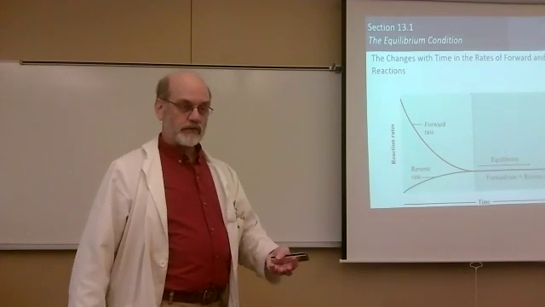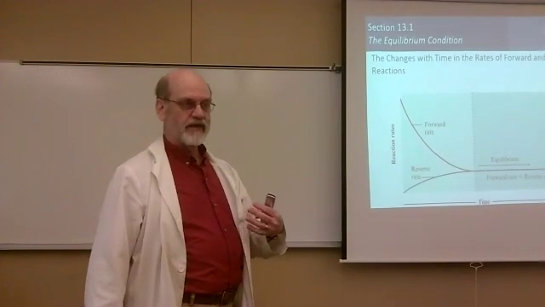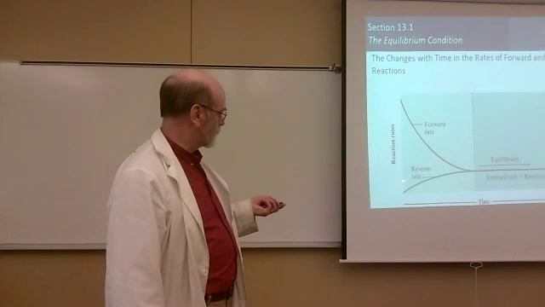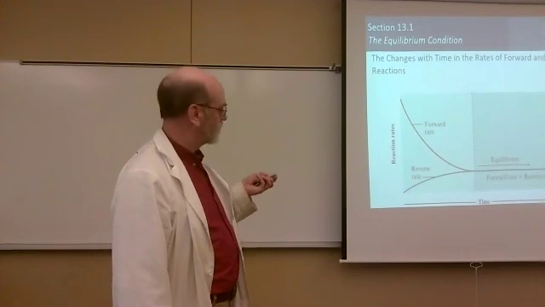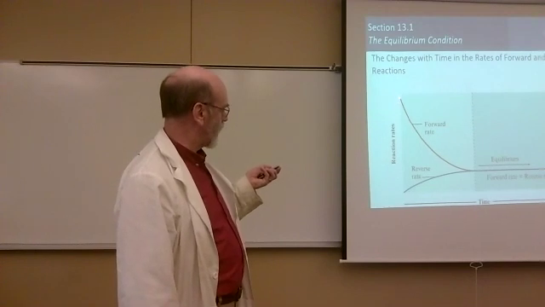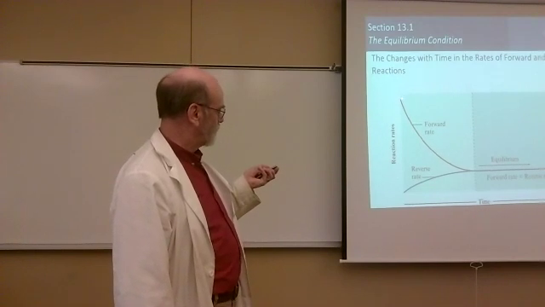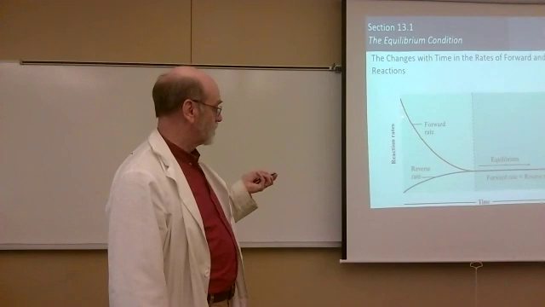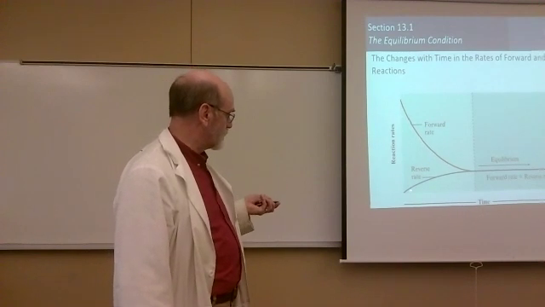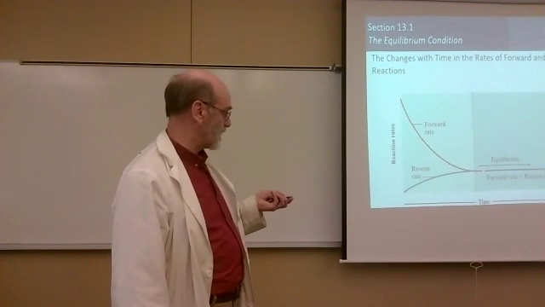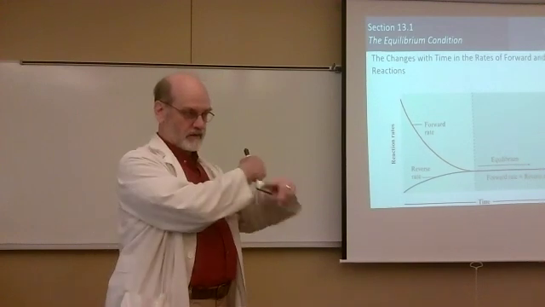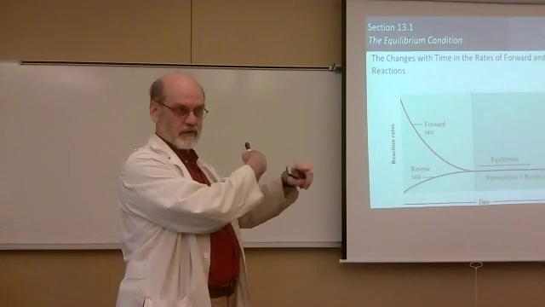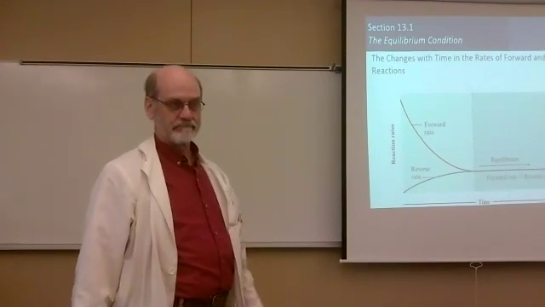That's why we used in kinetics the method of initial rates, because there was no competing reverse reaction. We were only judging the forward reaction rate. But if we let the reaction proceed, the forward rate decreases, the reverse rate increases until they meet. Then you have an equilibrium situation where forward and reverse are the same.